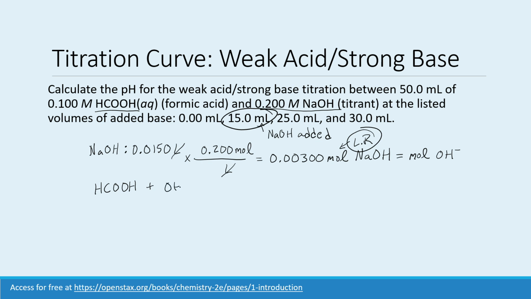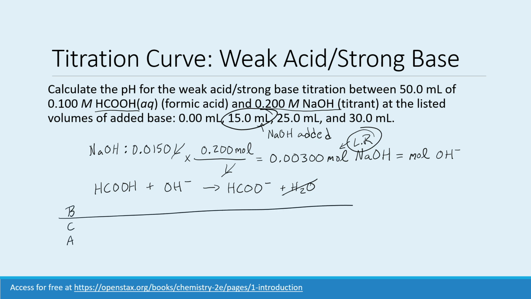So it will be the hydroxide ions that react with that weak acid and leave us with the conjugate weak base, which would be our formate ion, HCOO negative. And of course you're going to have water on the end here, but we don't care because that doesn't help us with any of our expressions. So create that BCA table.